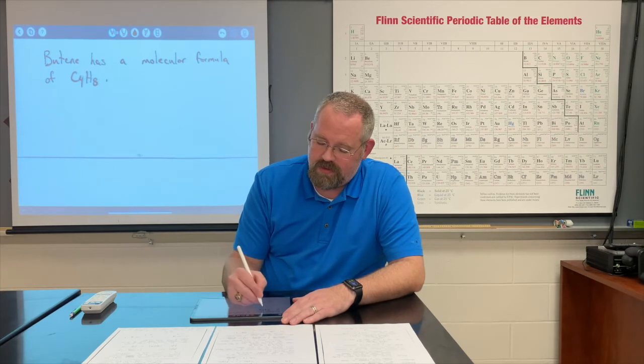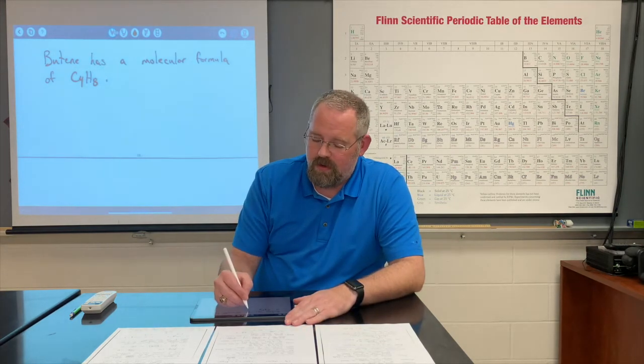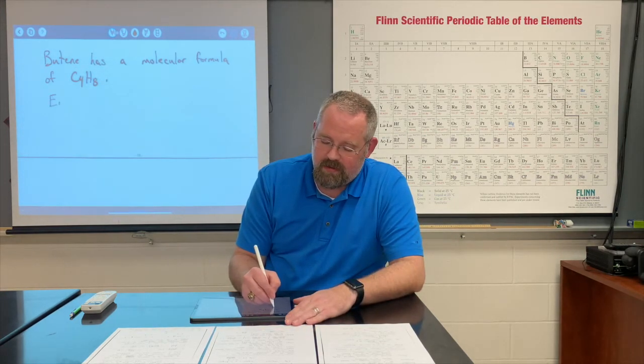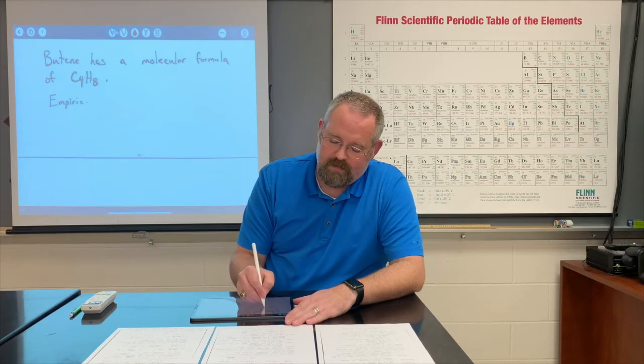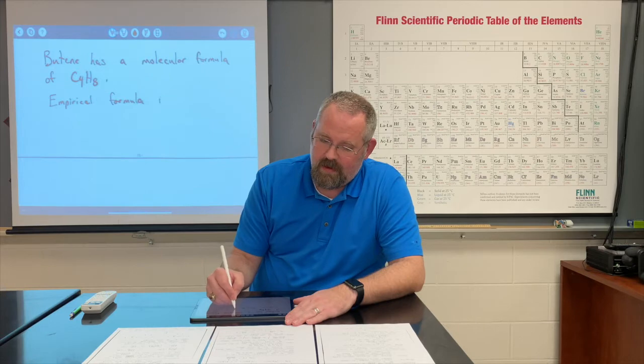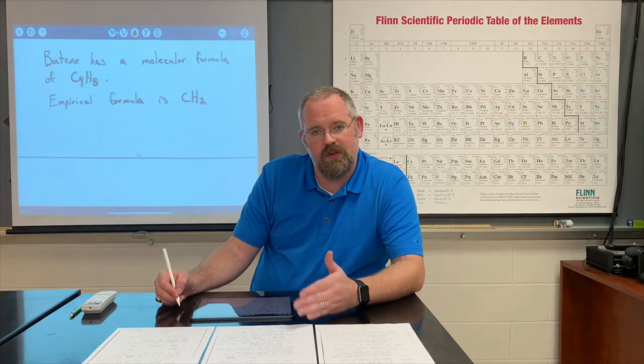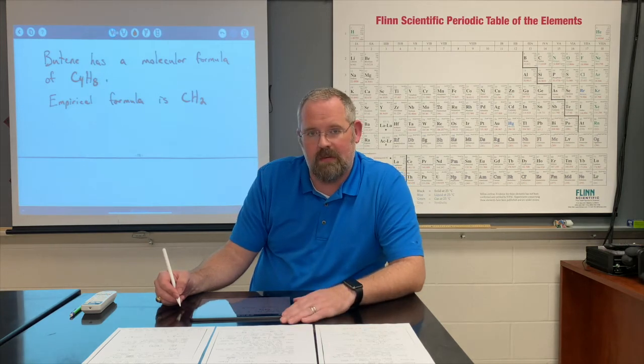Well, to reduce that, we're going to look at the ratio of carbons to hydrogen. They're both divisible by 4. So that means the empirical formula is CH2, just by simply reducing those and finding that common factor.